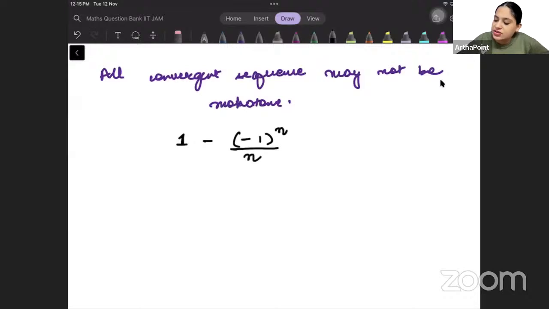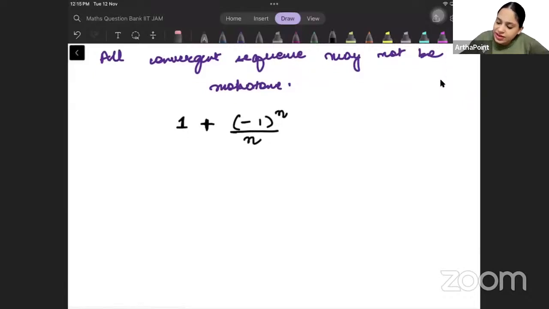So if I take n as 1, let's take a plus here for now. I'm just trying to create some sequence. So if I take n as 1, I will get 1 plus minus 1 to the power 1 upon 1.